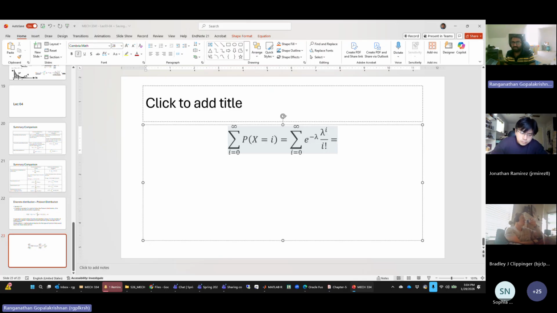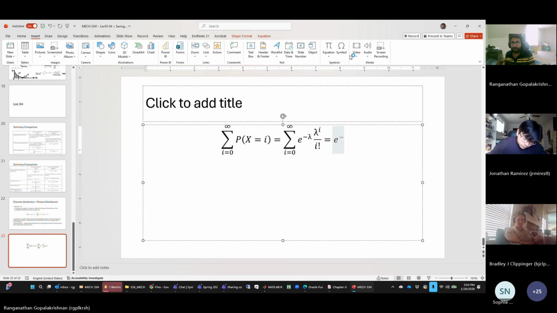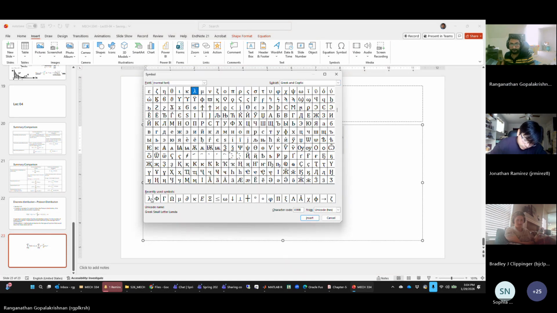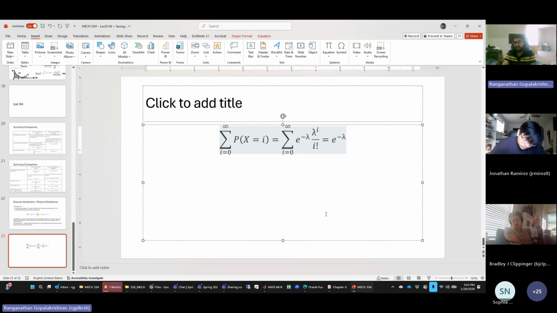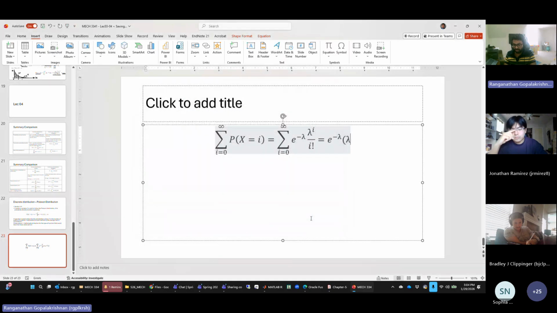Okay, so let's do this like very humble engineers who don't know a lot of mathematics. At least I don't. So I'm going to write e power minus lambda is a constant. It has nothing to do with I. So I can just write that outside the summation. And what's the first term? I equal to 0, lambda power 0 divided by 0 factorial. I'll write it even though we all know that lambda power 0 is 1 and 0 factorial is also 1.